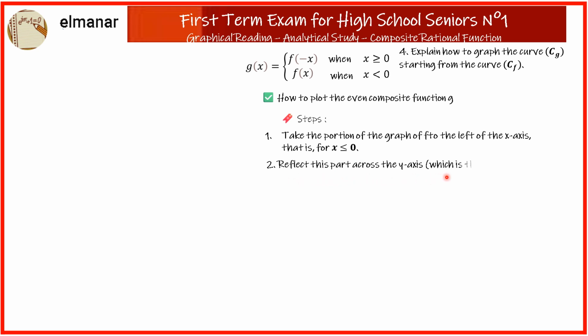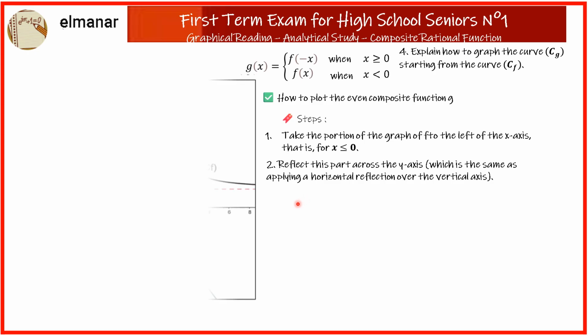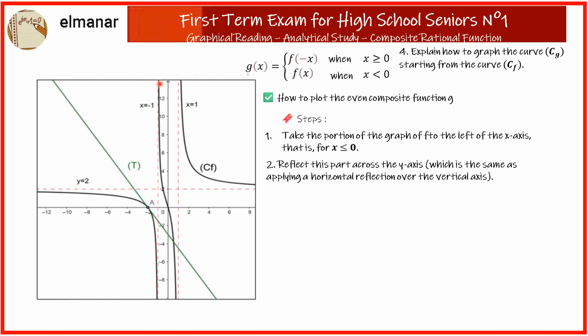Reflect that portion across the vertical axis. This means replacing each value of x with its opposite. 3. Draw the right portion of the curve of g. Use the reflected section to sketch the curve on the right side of the graph, corresponding to values of x greater than or equal to 0.